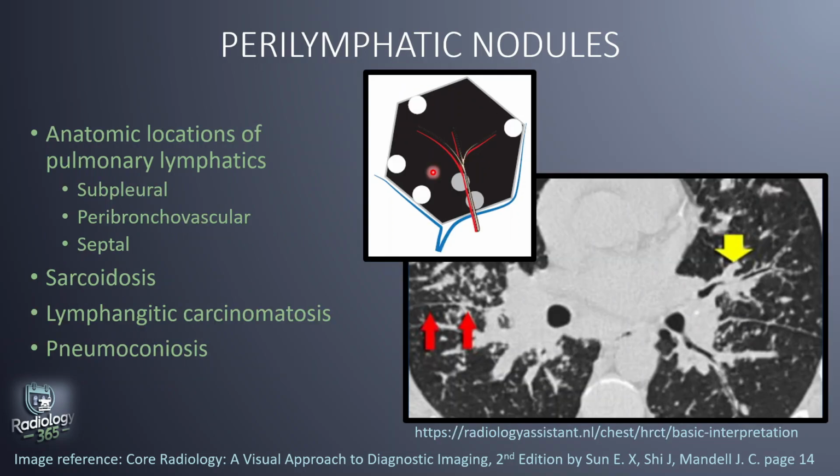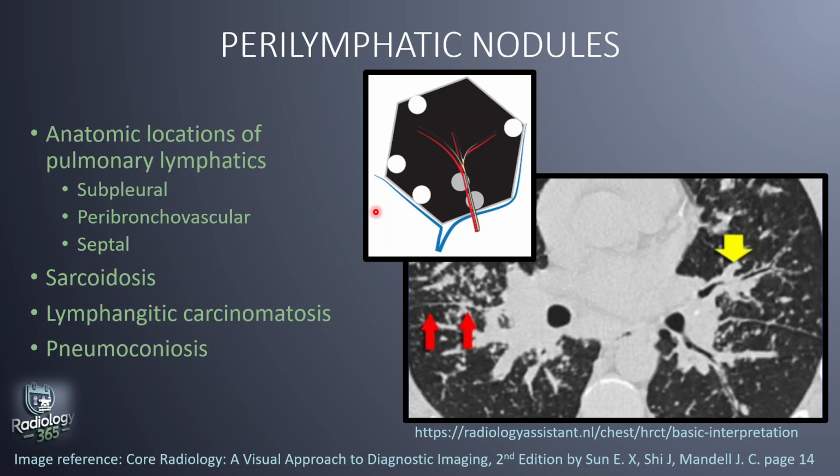The next we'll talk about is the perilymphatic nodules. Now we need to know the anatomic locations of the pulmonary lymphatics. That would give us an idea as to where perilymphatic nodules would be. So the anatomic locations of pulmonary lymphatics are the subpleural areas, the peribronchovascular areas, and the septal areas.